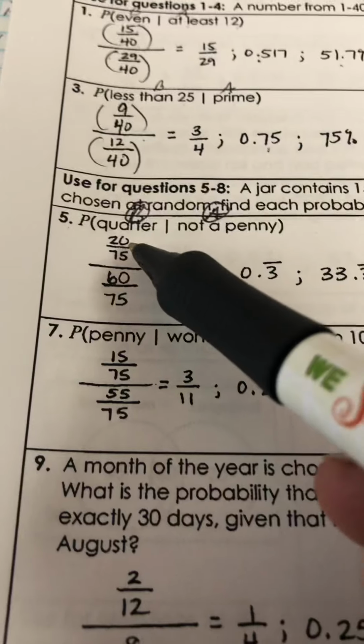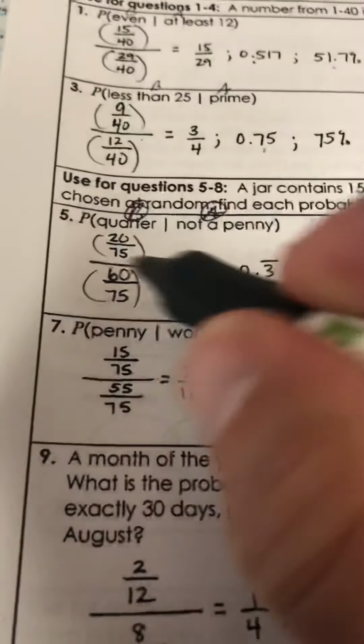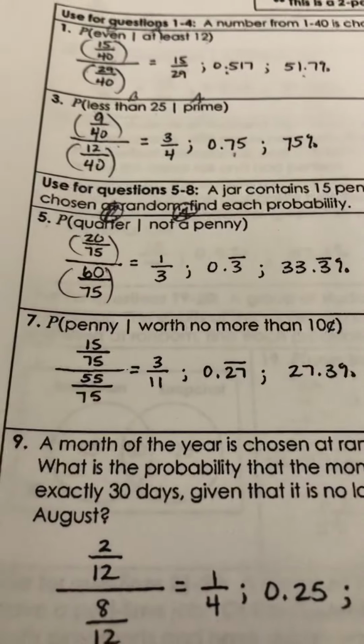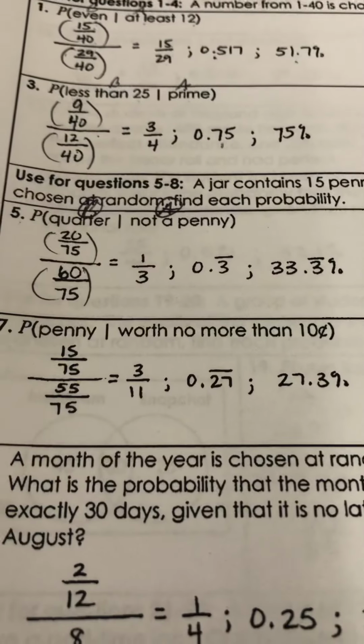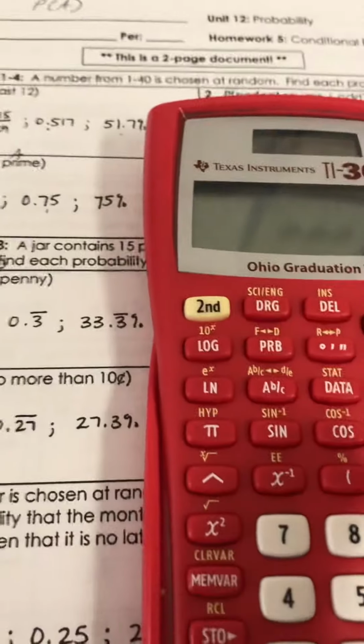Okay, so then you would just take those, put them in parentheses, and you can divide that and get in your calculator the way that you would want. Let me try this.